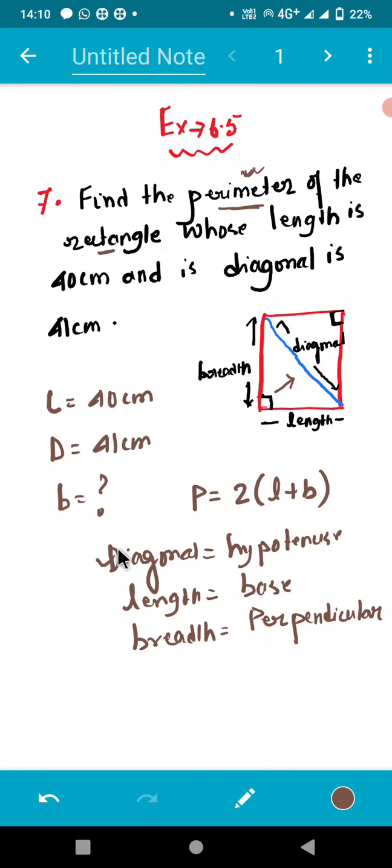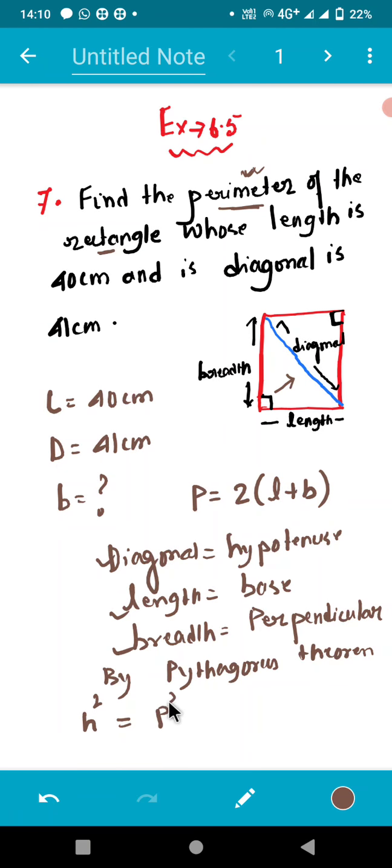So this is very, very important. Now in the next step we will use Pythagoras theorem. Now we have to apply Pythagoras theorem, and according to Pythagoras theorem what we have? h square equals to p square plus b square.